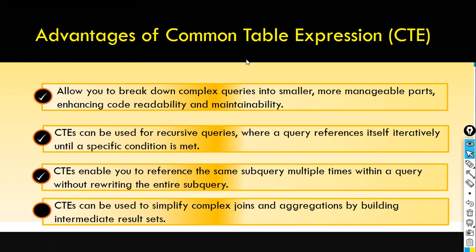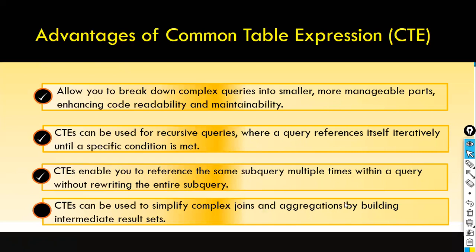The advantage of this one is that it breaks down your complex code into smaller and manageable chunks. If you break your complex code into smaller chunks, obviously it will improve your readability and maintainability. It can be used for recursive queries where a query references itself iteratively until a specific condition is met. It enables us to reference the same subquery multiple times within a query.